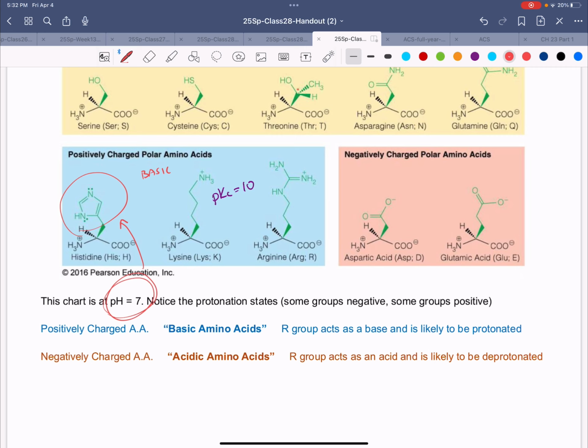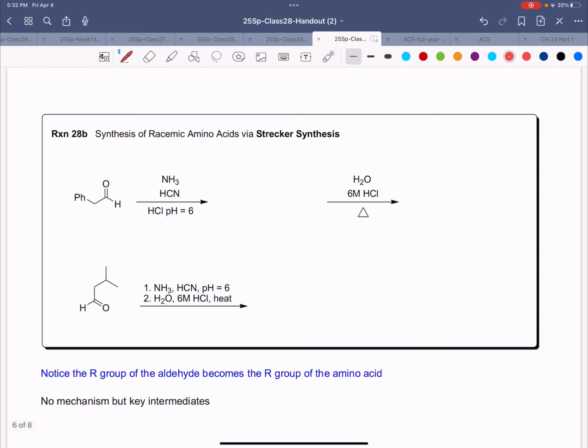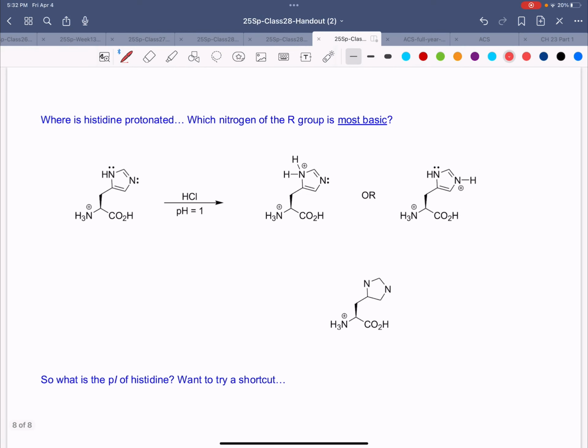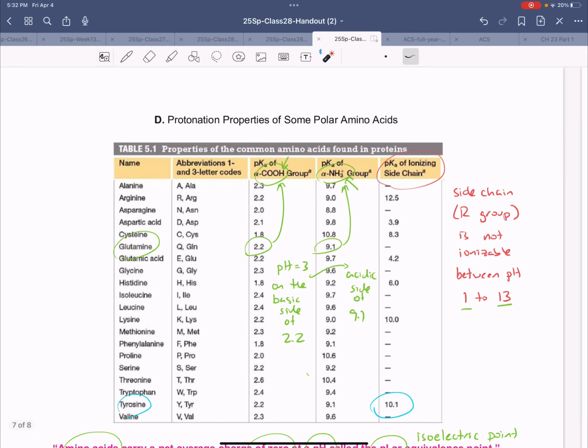That's totally fine, because look at our trick. Our trick is to start at pH 1, so we will have a protonated side group for histidine. The issue is, and then I'll stop this video, at pH 1, do I protonate this nitrogen or do I protonate this nitrogen? Once we get that answer, we're off to the races.